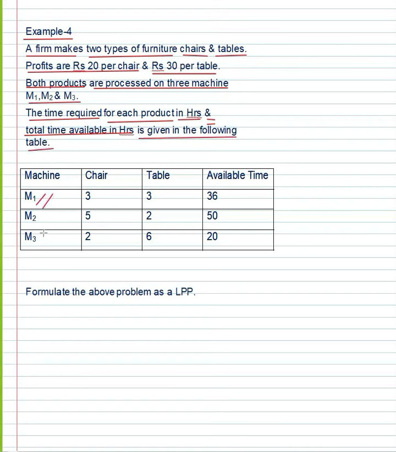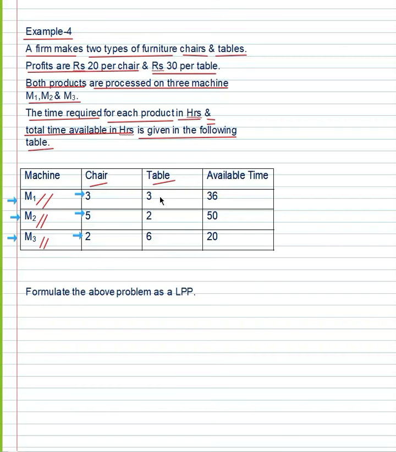These are the three machines, M1, M2, M3. Both of these products, chairs and tables, are processed on these three machines. Each chair requires 3 hours on machine M1, 5 hours on machine M2, 2 hours on machine M3.